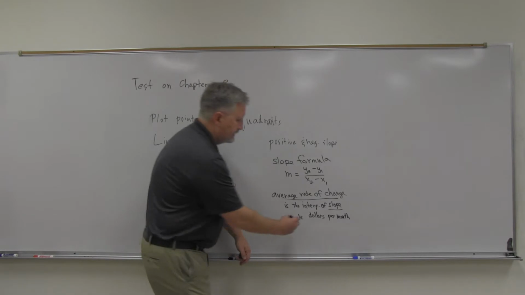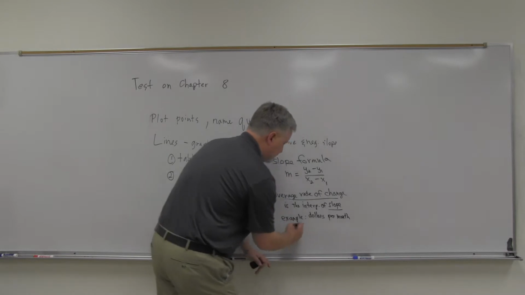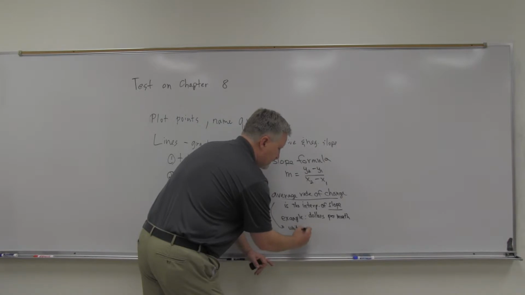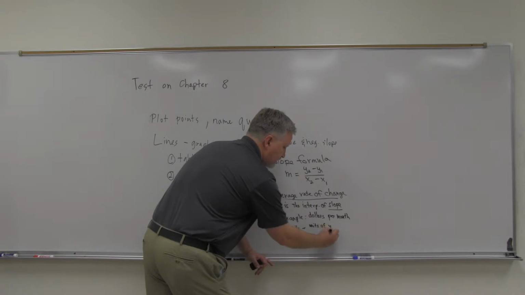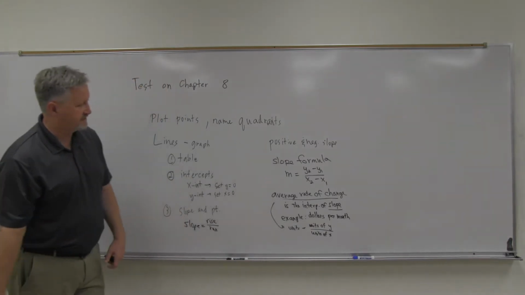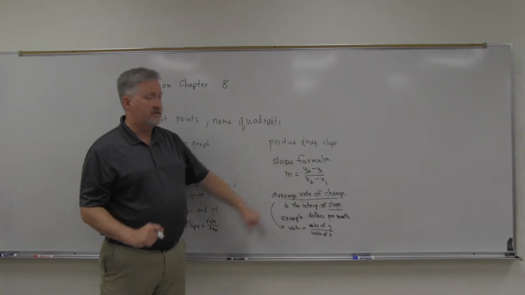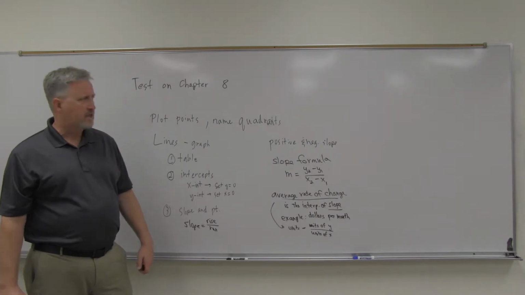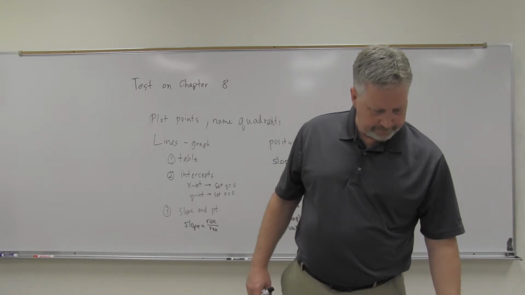It's whatever the Y's are, the units of Y. So the average rate of change, as far as units go, is the units of Y over the units of X. So without going through an example there, just to give you that. Like I said, on the example I was looking at, the units of Y was dollars, and then the units of X were months, years, whatever, okay? So be looking at that as review.